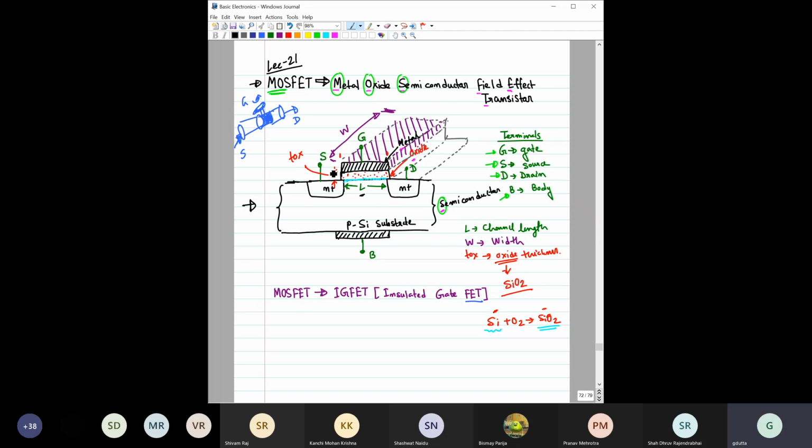With the gate we control the flow of current, like a valve. The drain is the terminal through which the channel carrier will leave the device, and the source is the terminal through which the channel carrier will enter the device.